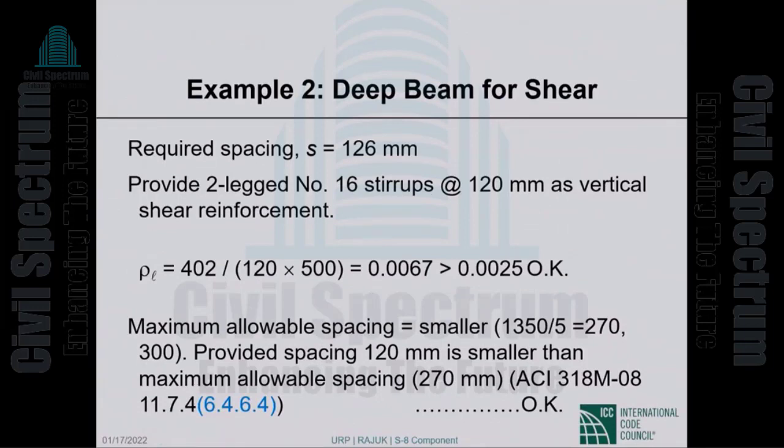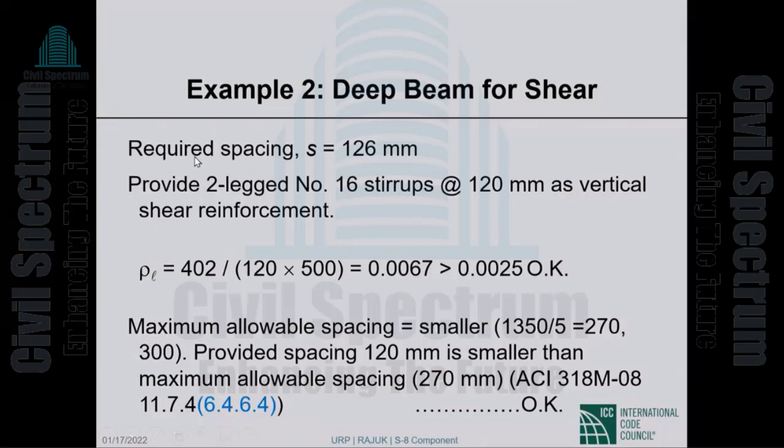When you solve that equation, s comes out to 126 millimeters. So we are saying provide two-legged number 16 stirrups at 120 millimeters as vertical shear reinforcement.